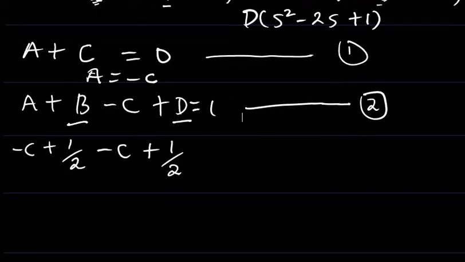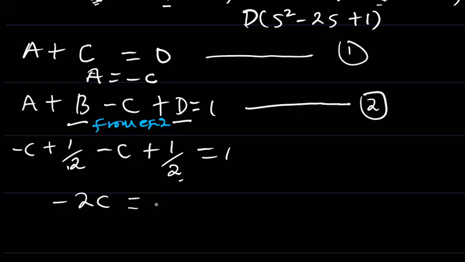All right, so what I'm doing here now is from equation 2. This is equal to 1. Half plus half is 1, so I'm having minus 2c equal to 1 minus 1, which is 0.